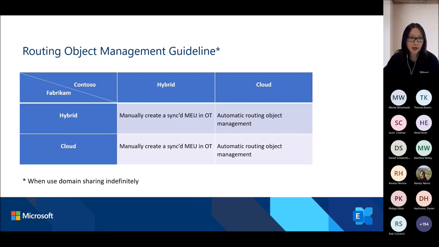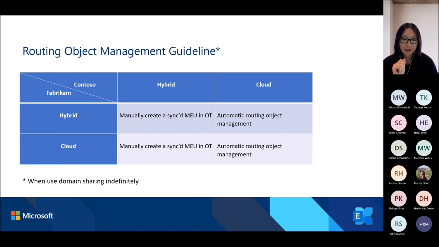We talked about routing objects, which forward mail from Fabraham to Contoso. There are two ways to create them. You can either create them manually or let the system automatically create them for you. However, the automatic routing object creation can only be used in the cloud-only environment. This slide shows a guideline on when we can use that functionality. In general, if Contoso is in a cloud-only environment, then you can use that functionality.